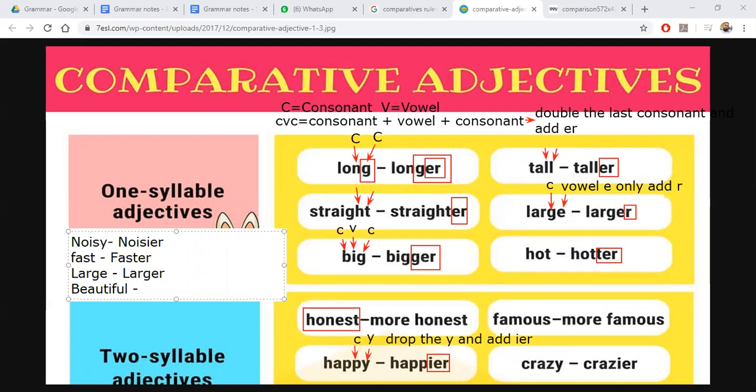What is the comparative of beautiful? Let's see how many people can get it. Someone says more beautiful, more beautiful. Very good. It is more beautiful.